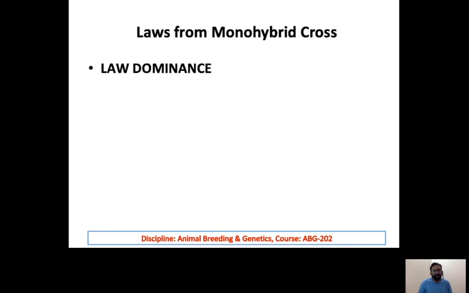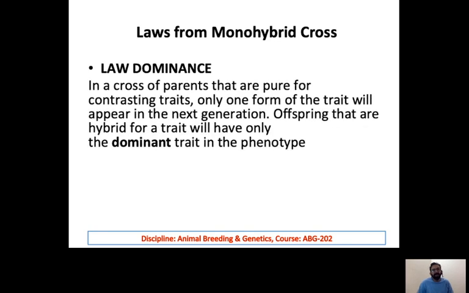First one, the law of dominance. That means in a cross of parents that are pure for contrasting traits, for example, in the previous example, white or purple color, only one form of the trait will appear in the next generation. So if one parent is completely recessive and the other is completely dominant, with both of the alleles dominant, in the F1 the expression of the dominant allele would be there.